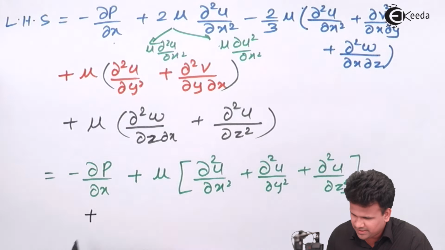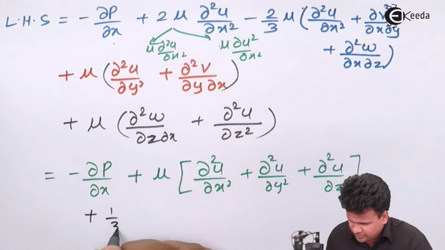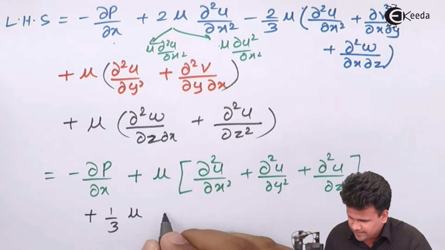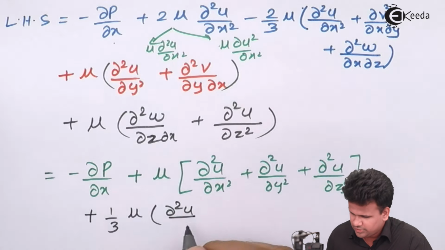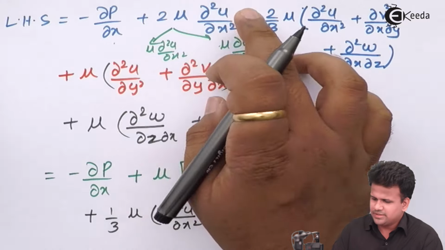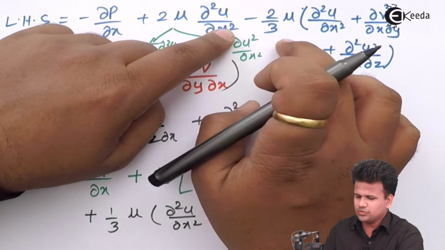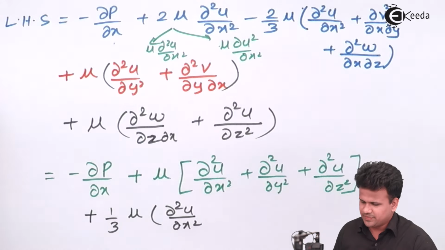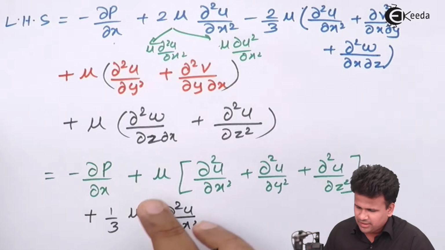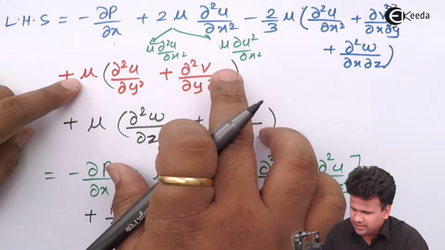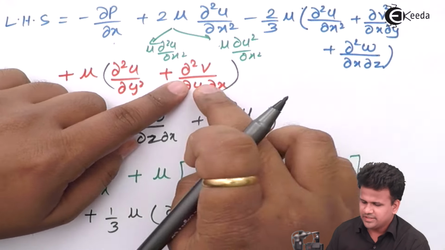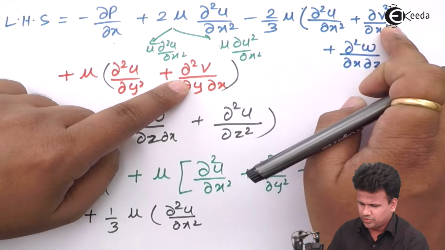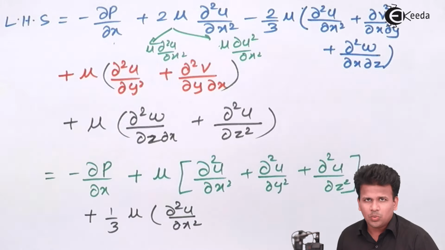So this will plus, this is 1 upon 3 into mu. What do we get? That is dou square u upon dou x square. This is 1 minus 2 upon 3 mu. So we'll get this part. Similarly over here this mu will be going inside. This is the whole term, and this term, the difference between them, both of them, will be again 1 upon 3.